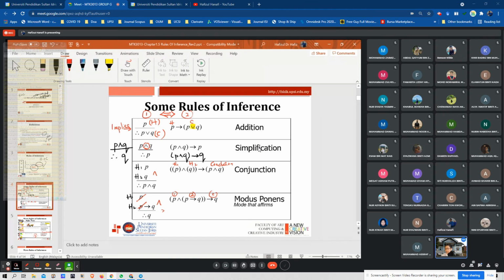Okay, this one is just addition for some rules of inference. We have addition, we have simplification, we have conjunction, and then we have modus ponens. Okay, we have four here. One, two, three, four.